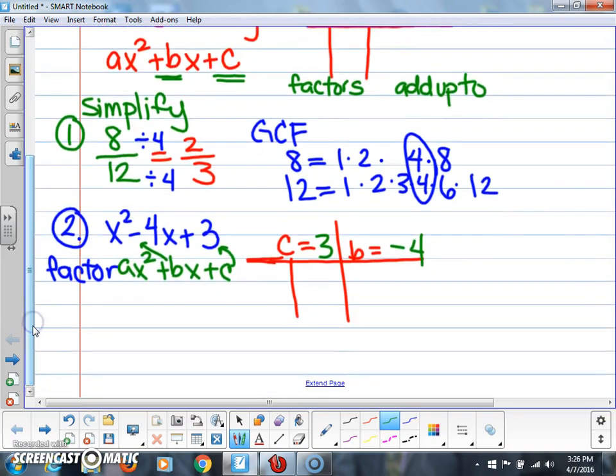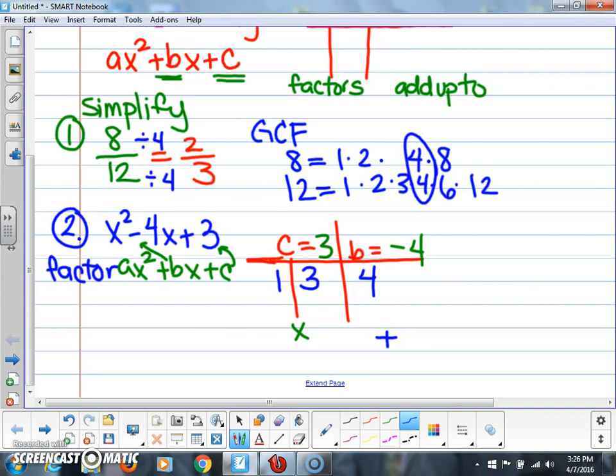So the question here is, what numbers can I multiply together to get 3? Yeah, that one's pretty simple, right? 1 times 3, and that's it. 3 times 1. If I add 3 plus 1, what do you get? 4. It's not a negative 4. I need a negative 4. It's a positive 4.